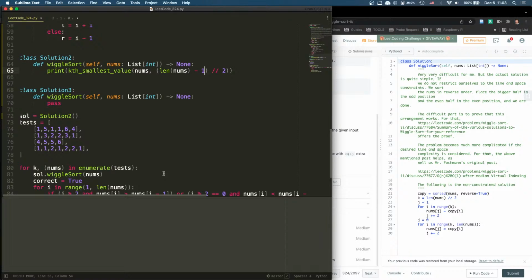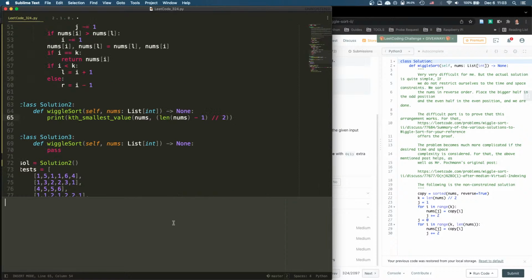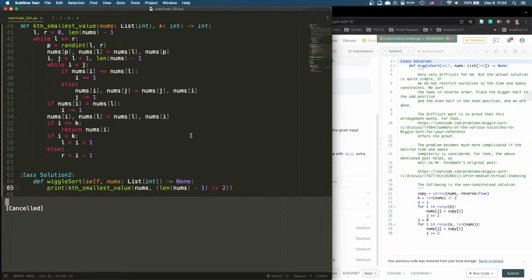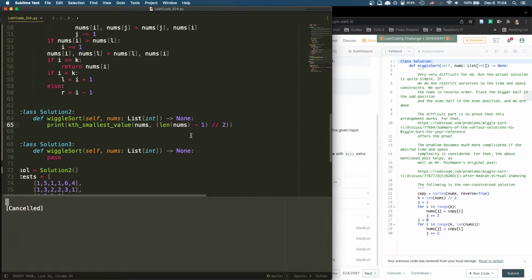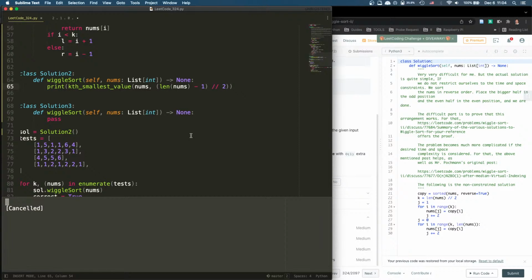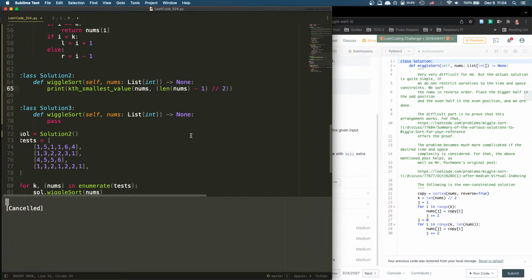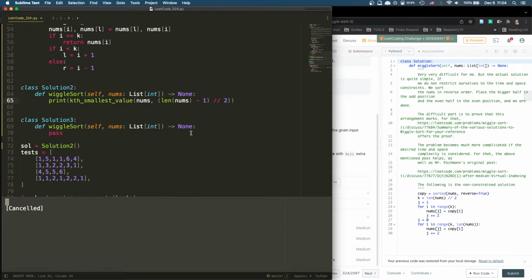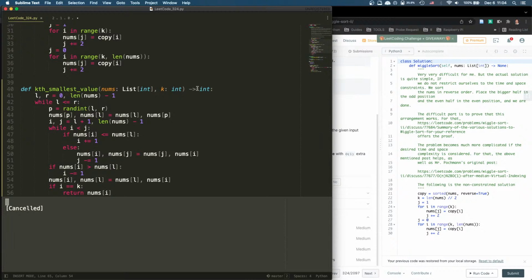Oops. Oopsie daisy. What the heck? I cannot do minus 1? The k, right? We're talking about k as the position. So the position shall be the third, 0, 1, 2, right? So if this is 6 minus 1 is 5, 5 minus 2. So the k we want is 2.